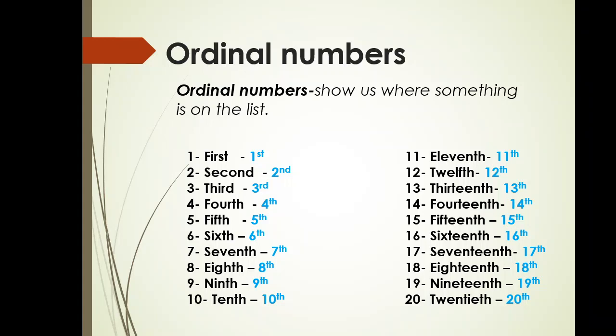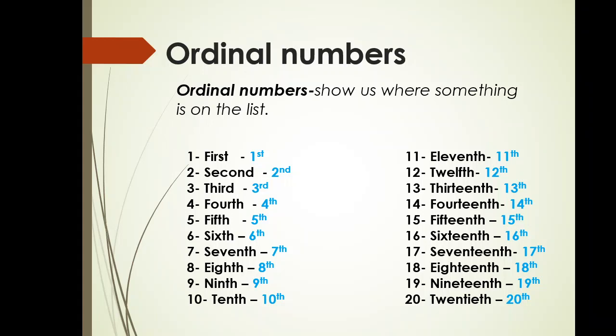We use ordinal numbers for grade levels in school. Example, we have the first grade, the second grade, the third grade, the fourth grade, the fifth grade, the sixth grade, the seventh grade, the eighth grade, ninth grade, and then the 10th grade. The list goes on.